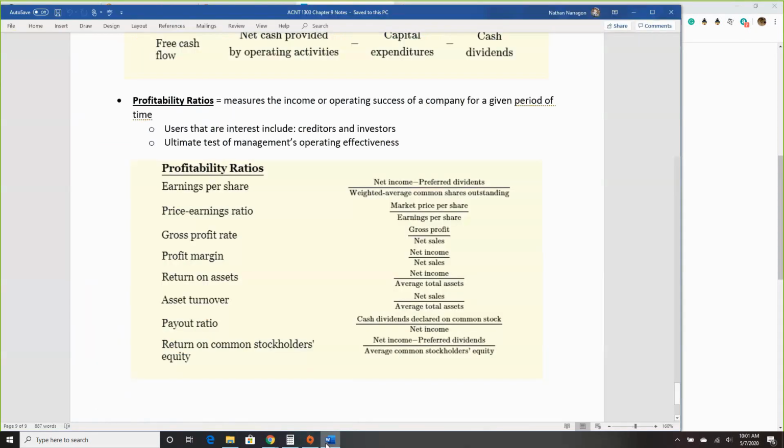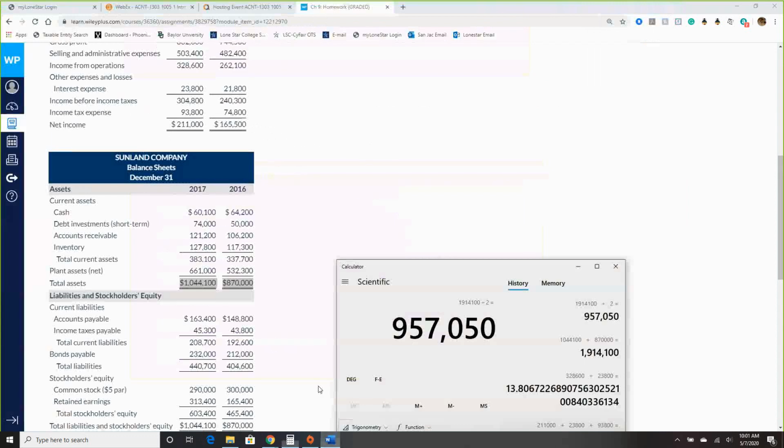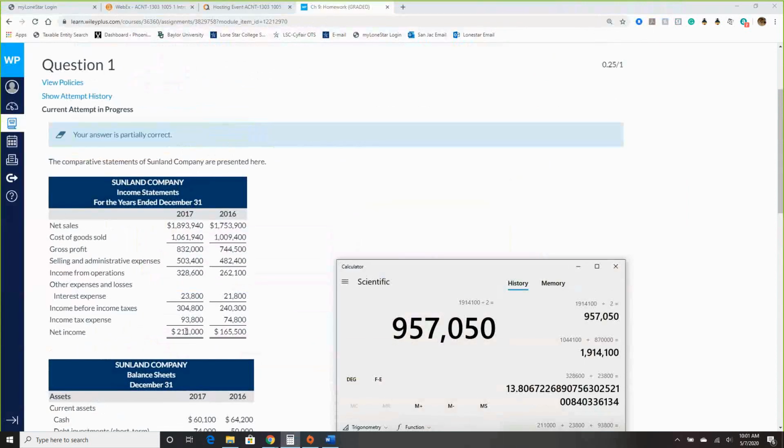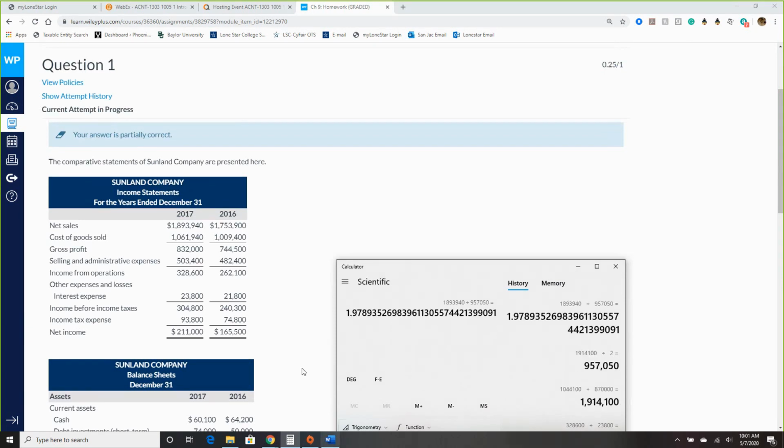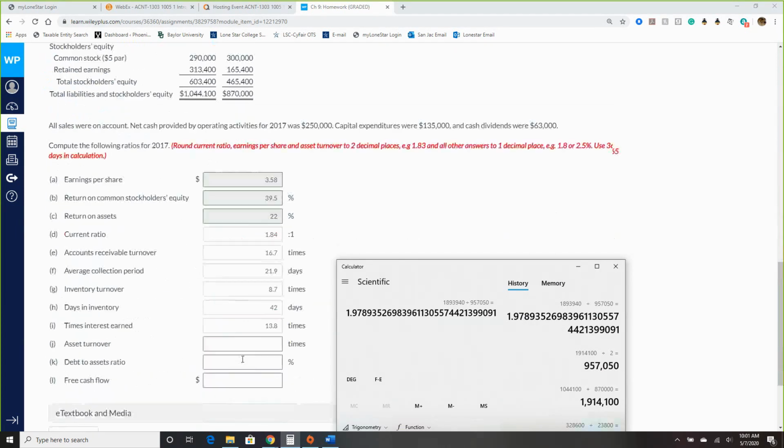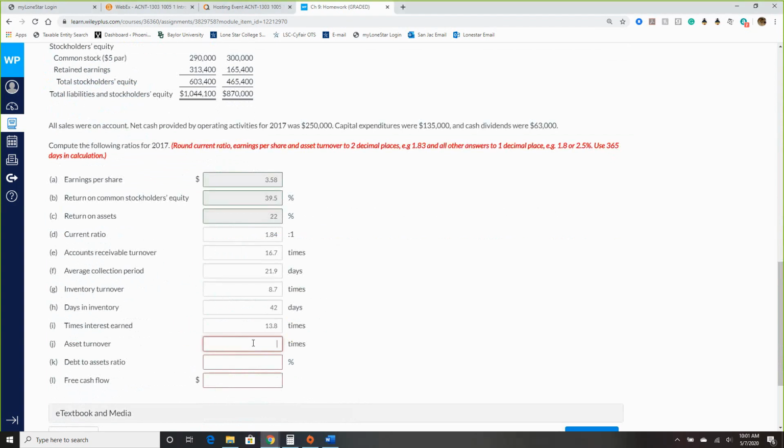And the formula did tell us to take net sales. So net sales in 2017 was 1,893,940 divided by 957,50. And we get the lovely 1.98, to 2 decimal places on this one.